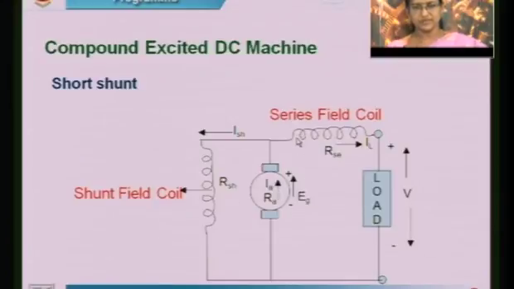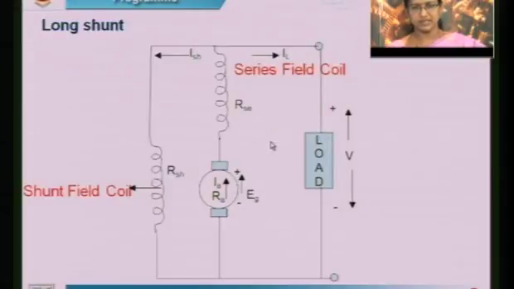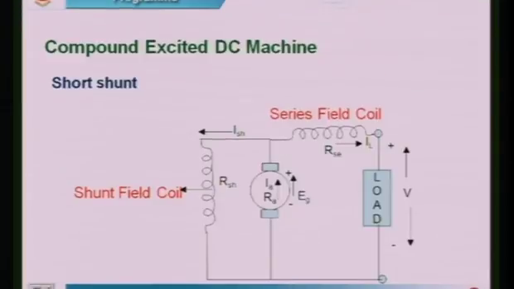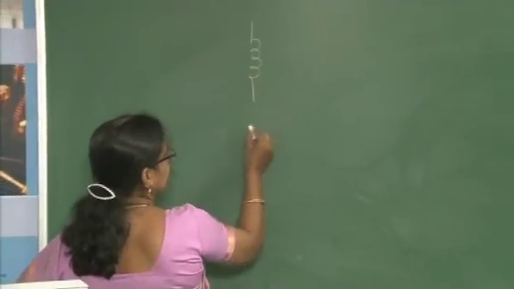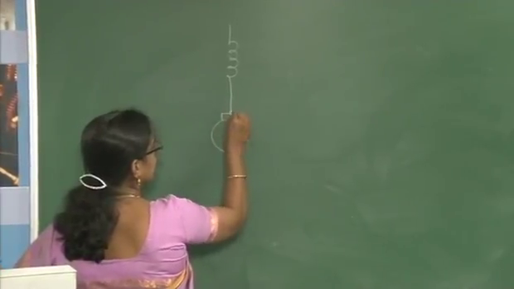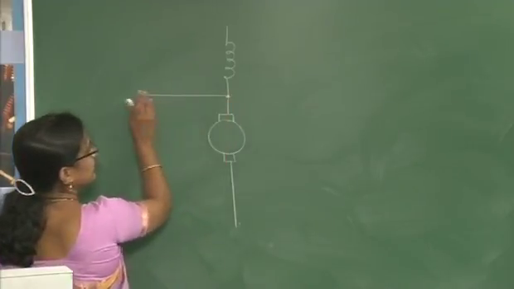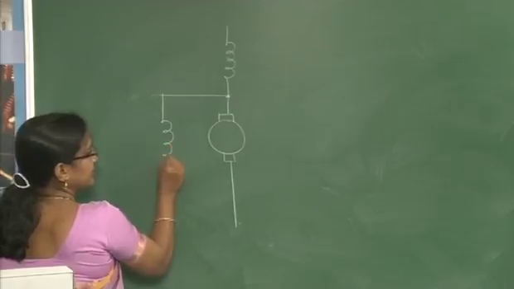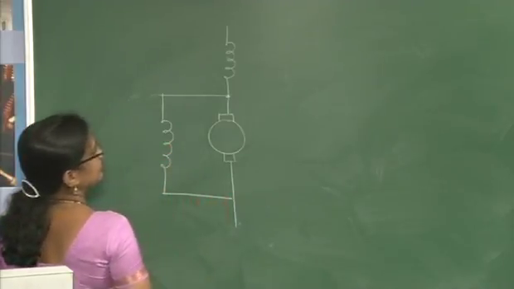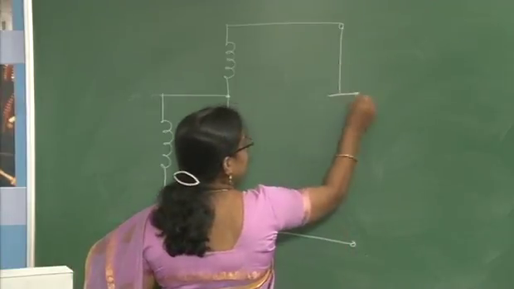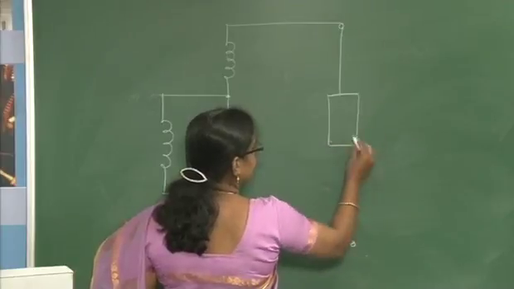The series field winding you have connected in series with the load, but the terminal is the same. Suppose you are connecting the armature in series with this, then this is the common terminal, and then you are connecting the shunt field in parallel with this. Now across this you are going to connect the load. This is how you are representing the short shunt.